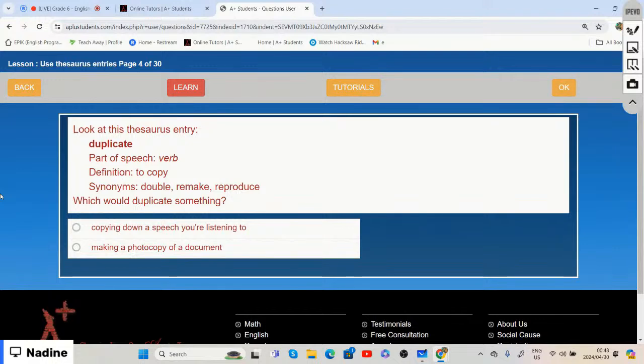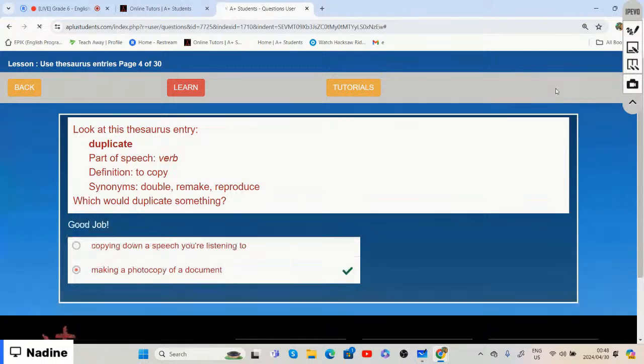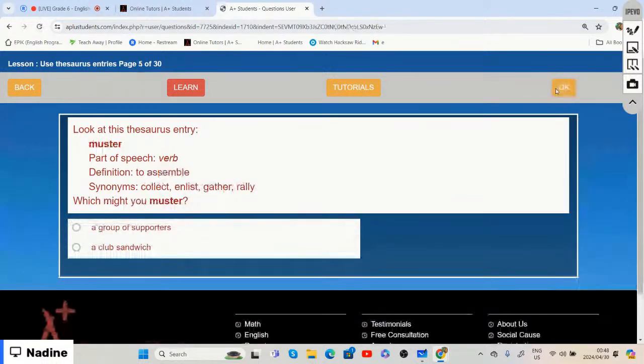So copying down a speech is not the same as making a double of something. We can say duplicate is making a photocopy of a document. If I were to say write down whatever I'm saying, you're not going to be able to write down exactly what I'm saying. You're just going to write down important things that I'm saying. That is what they mean with copying down.